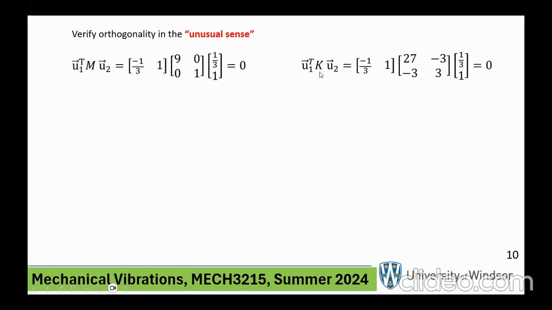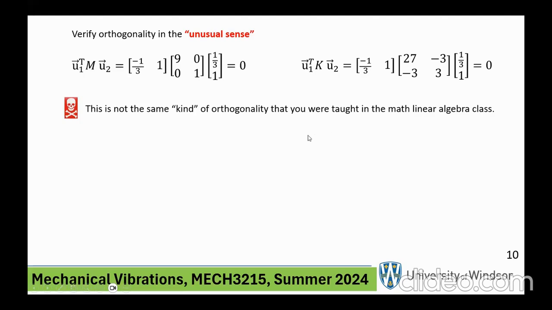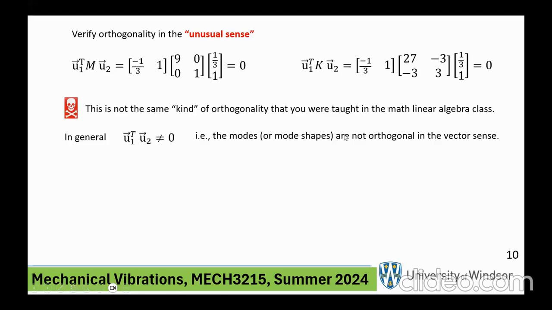And same thing, u1 transpose K u2, literally just plug it in, you're going to get 0. And remember, this is not the regular kind of orthogonality that you were taught in your linear algebra class. This is called mass orthogonal. u1 and u2 are mass orthogonal and stiffness orthogonal.